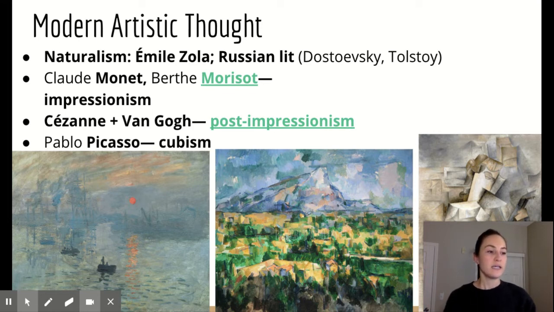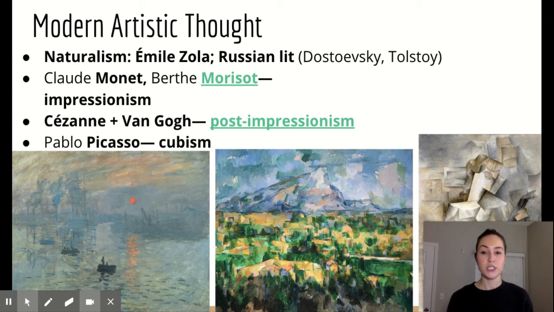And these paintings focus more on what the painter or the artist is observing and feeling. It's not as much, oh, I'm trying to imitate reality. Two famous people are Claude Monet, obviously, but also Berthe Morisot, who is a famous female painter of this era. You can click the link to learn more about her.